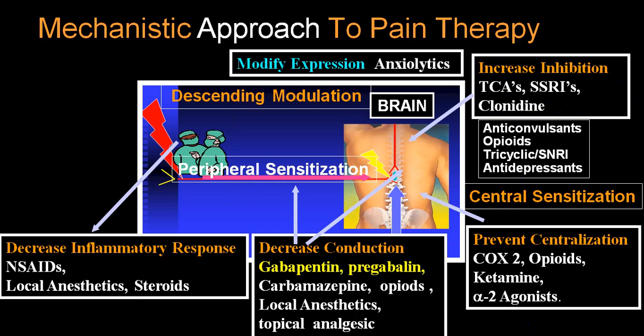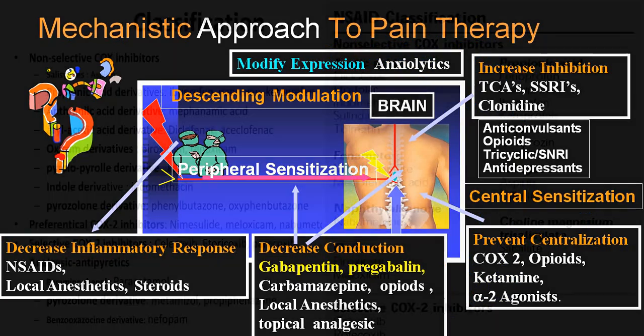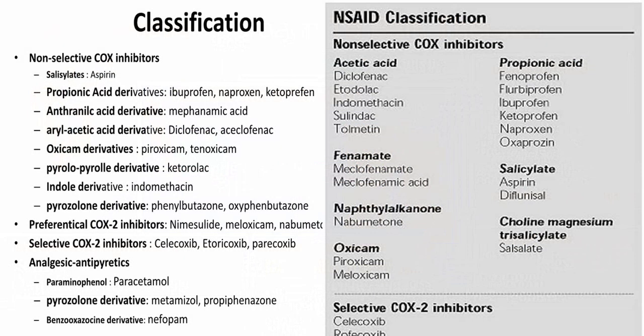And to modify the expression, anxiolytic drugs. So these are the groups which are divided, and some of these treatments are very useful when there is central sensitization, when acute pain becomes chronic, particularly chronic cancerous pain, etc.